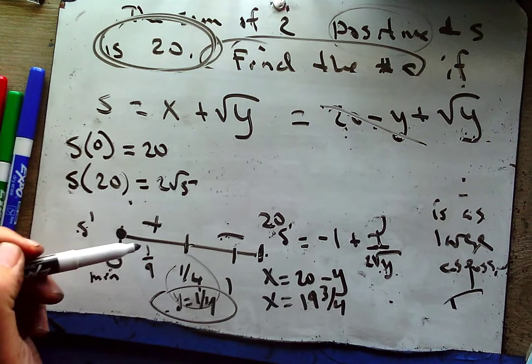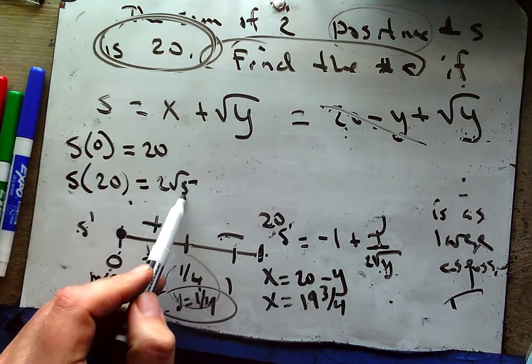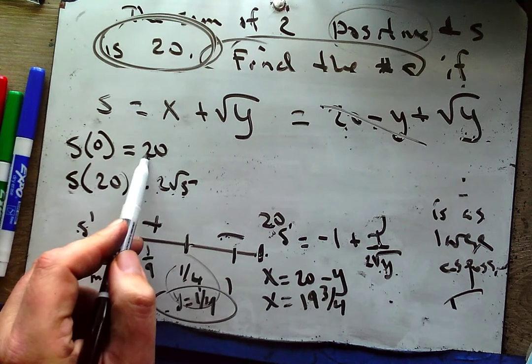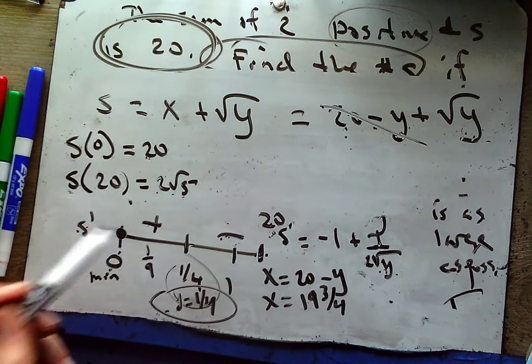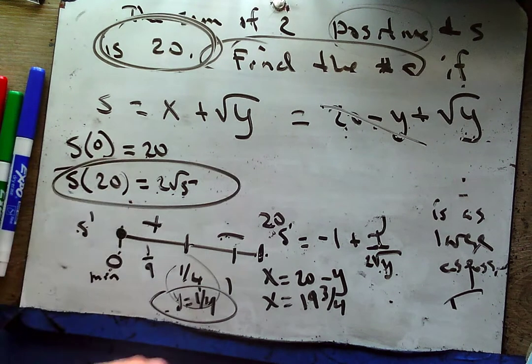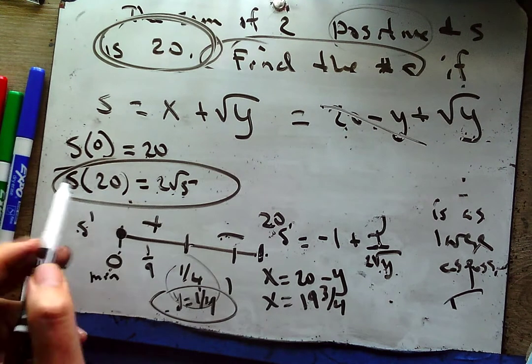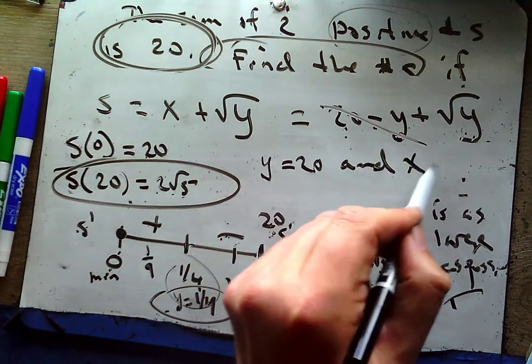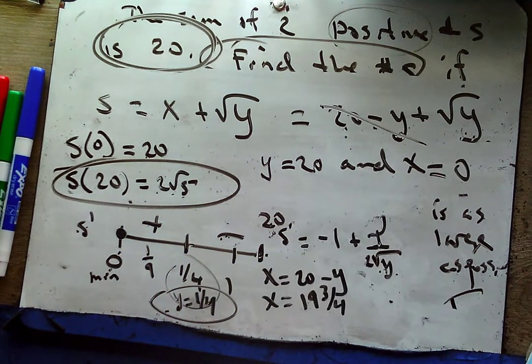So which of these is bigger? Well, this is a little bigger than 2 times 2, a little bigger than 4. I'm sorry, that's a larger number. But since we're looking for the sum to be as small as possible, yep, that happens when y equals 20 and x equals 0. Wait a minute.